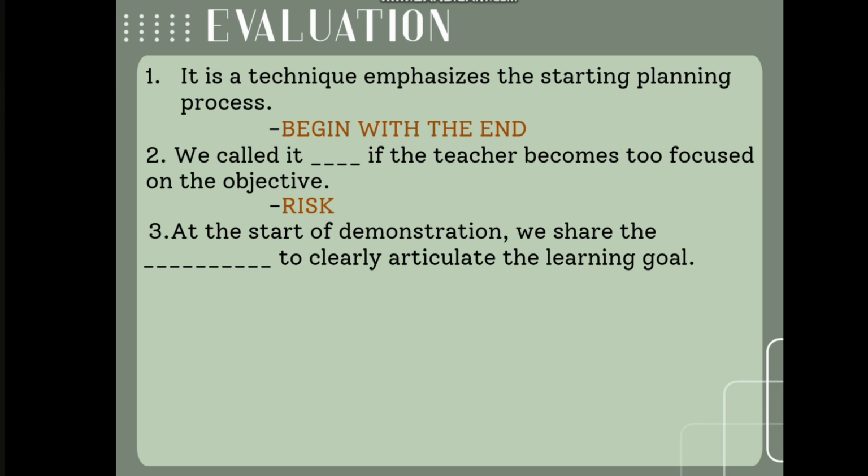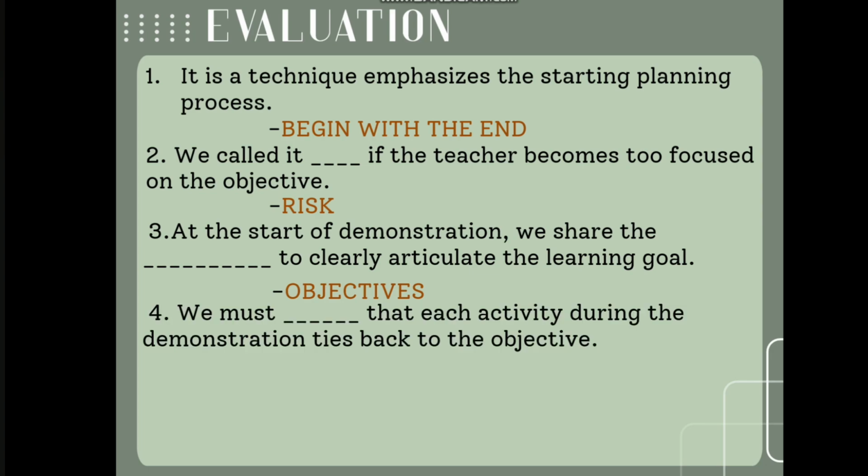At the start of the demonstration, we share the blank to clearly articulate the learning goal. At the start of the demonstration, we share the blank to clearly articulate the learning goal. In 5, 4, 3, 2, 1. There. The objective, or the learning competencies.